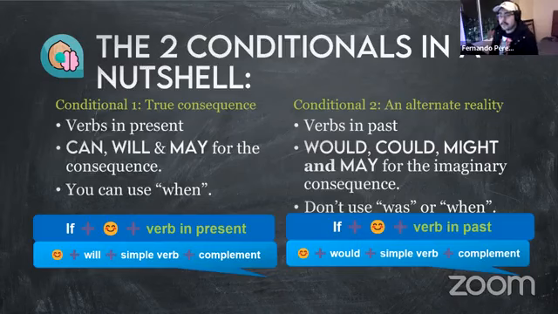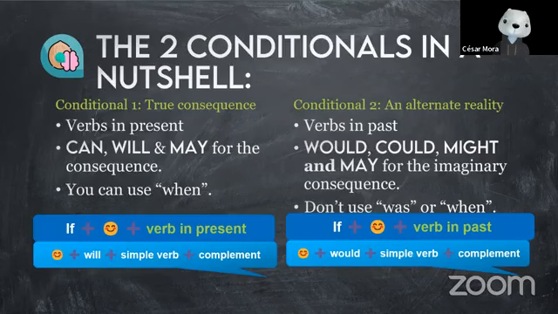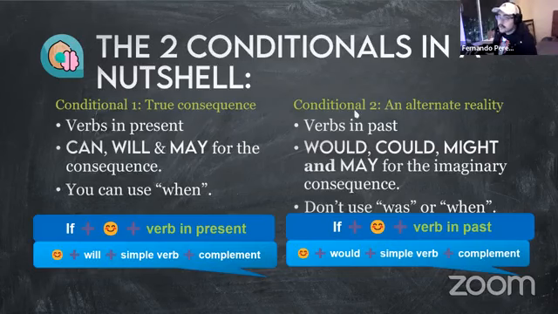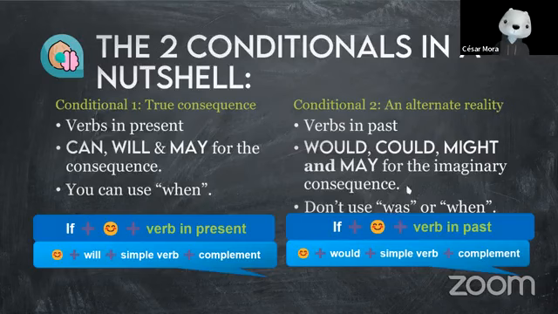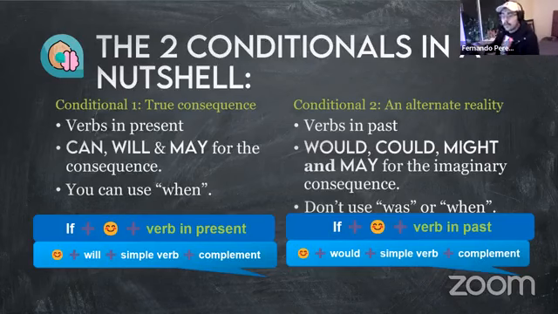Something you need to remember is the verb to be in past. When you use the second conditional, you don't use was. If I were rich.